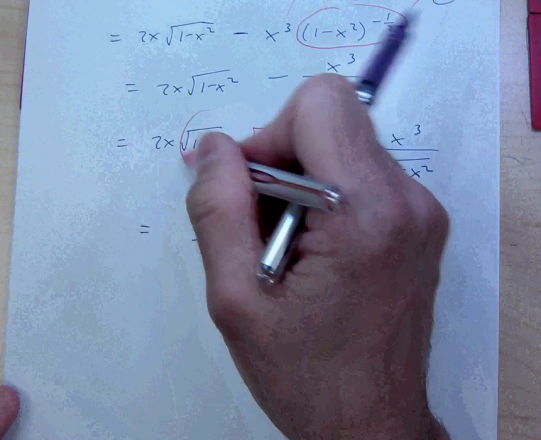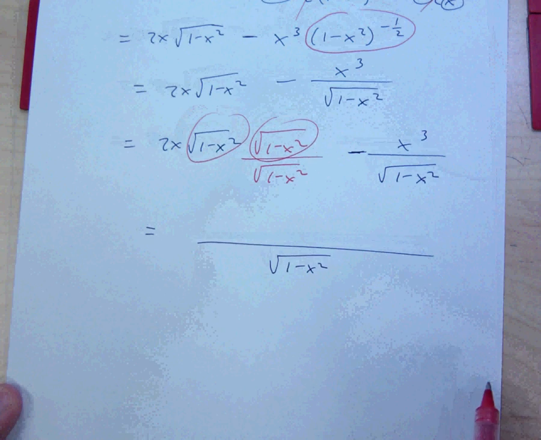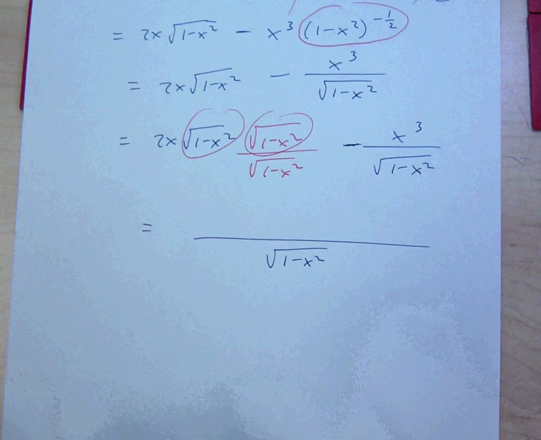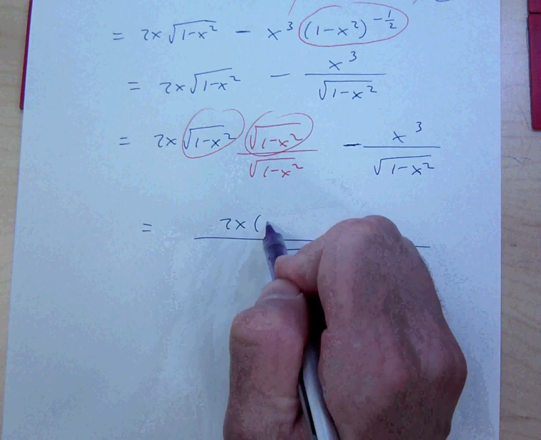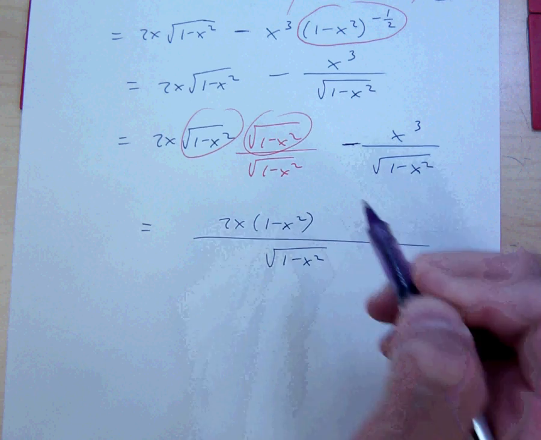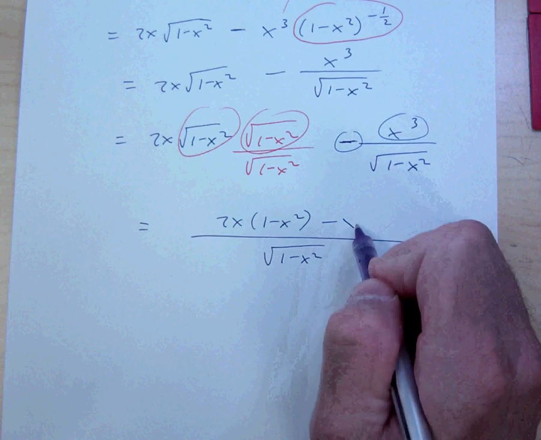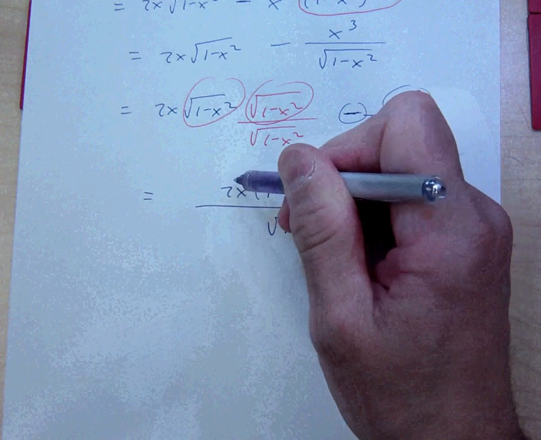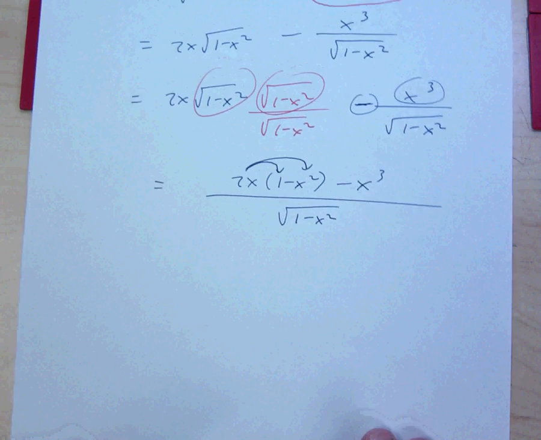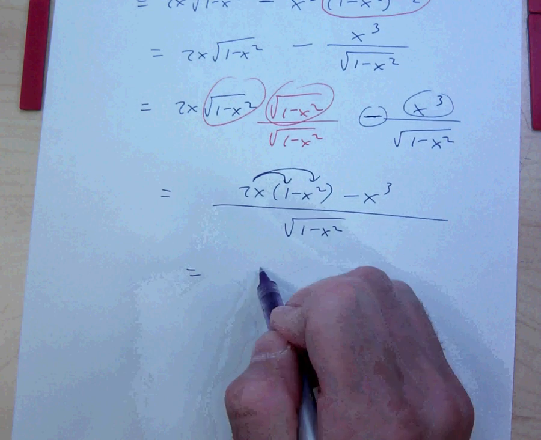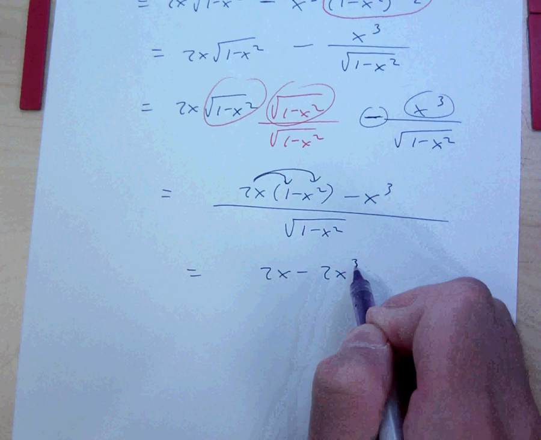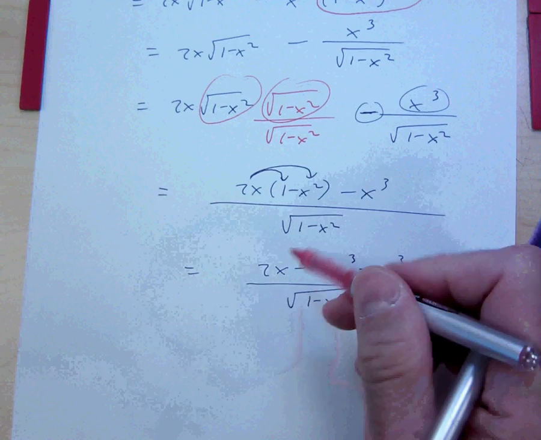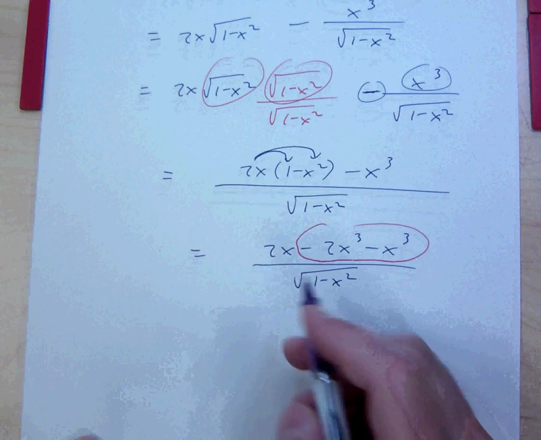You should all know when you multiply two square roots, the square roots go away, right? Square root of a times the square root of a is just a, isn't it? Yes? And so that turns into just that. And then minus the x cubed is there as well. And then obviously at this point you want to distribute the 2x. And then finally, the last thing you can do here is combine those into a minus 3x cubed.